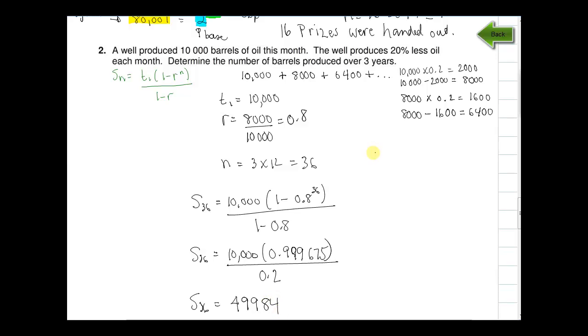Okay, so 49,984 barrels were produced over 3 years. And so that concludes our section on geometric series 1.4.